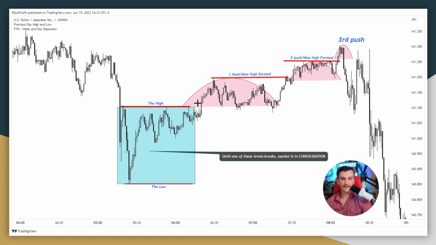And then they come out of that consolidation, push 1, push 2, push 3 to the high. Now I believe that, hey, people are trapped in push 2 and in push 3 at the worst possible place of the chart. I don't know that for sure, but I'm looking for evidence that I'm correct. Higher high, lower low, a 3 push pullback, and an M to allow me to enter that trade.